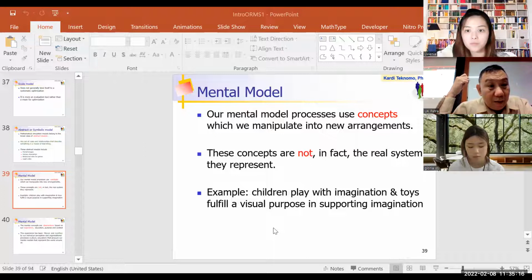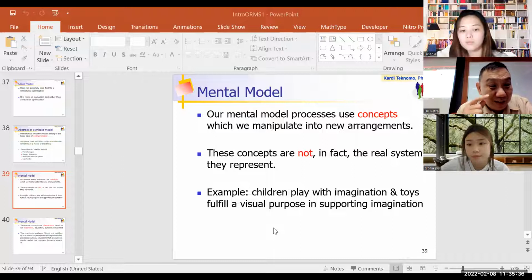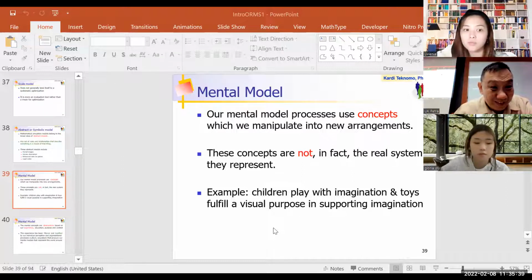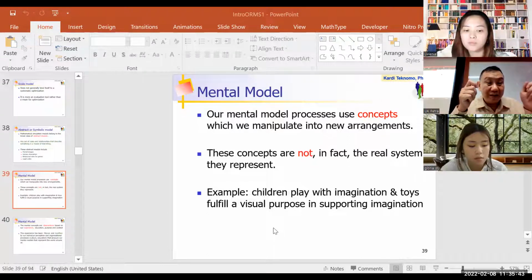In reality, what we have in our mind, these concepts, our mental model, is not the fact. They are models in our mind. Sometimes we don't realize it because we think this is real, like children playing with toys, and they imagine something.